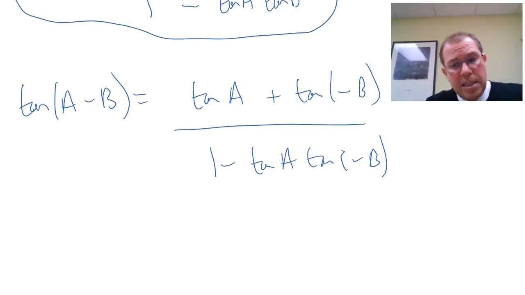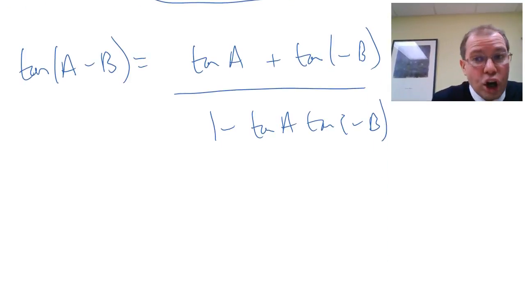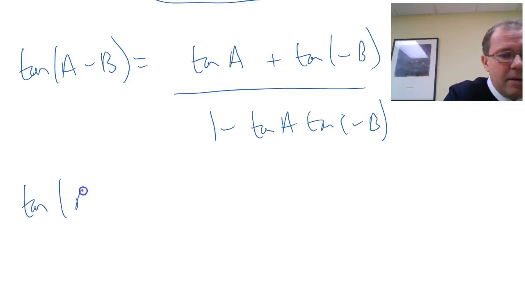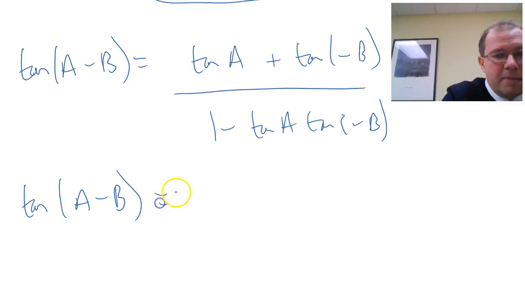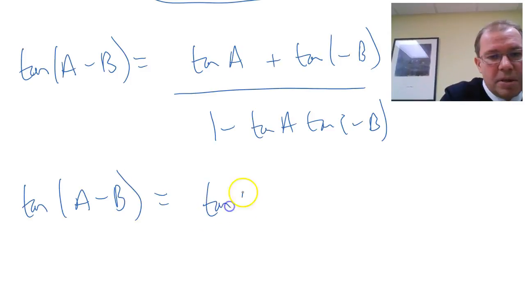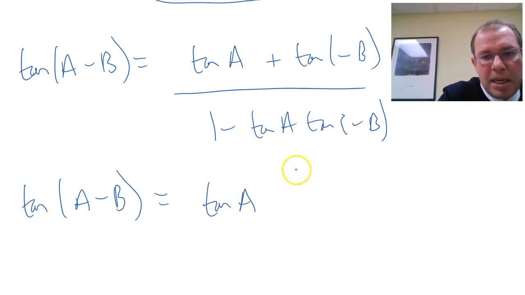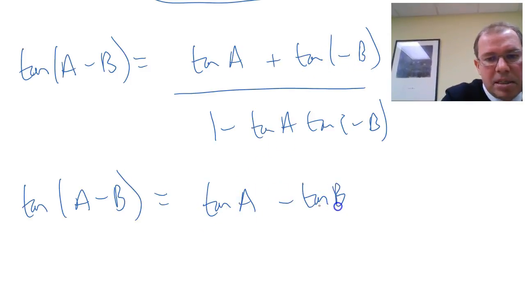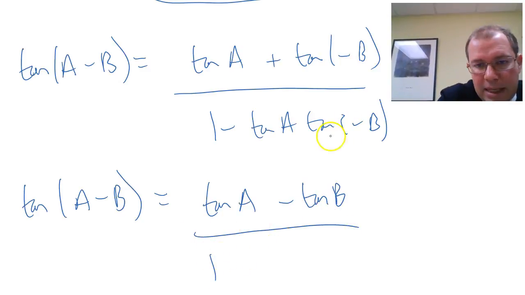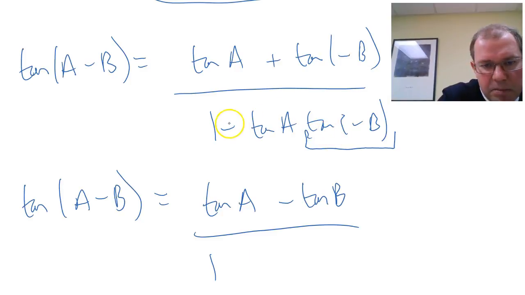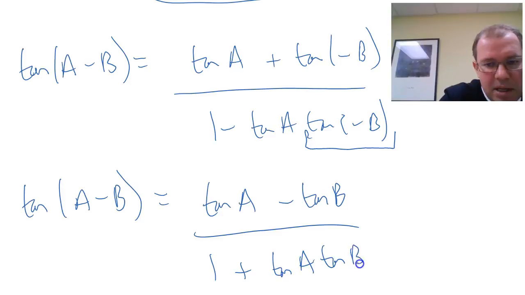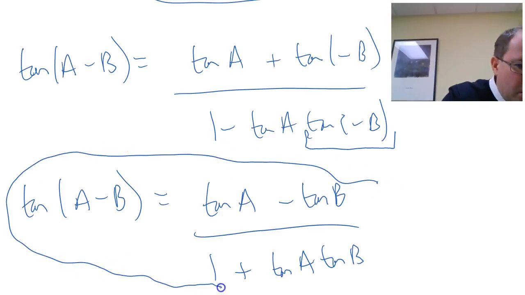I'm going to use the fact that tan is an odd function, so tan(−b) is minus tan b, and we'll end up with our final formula for tan(a − b), which is going to be tan a minus tan b over 1 plus tan a tan b, because the minus times a minus makes a positive, and we've got our 6th formula.